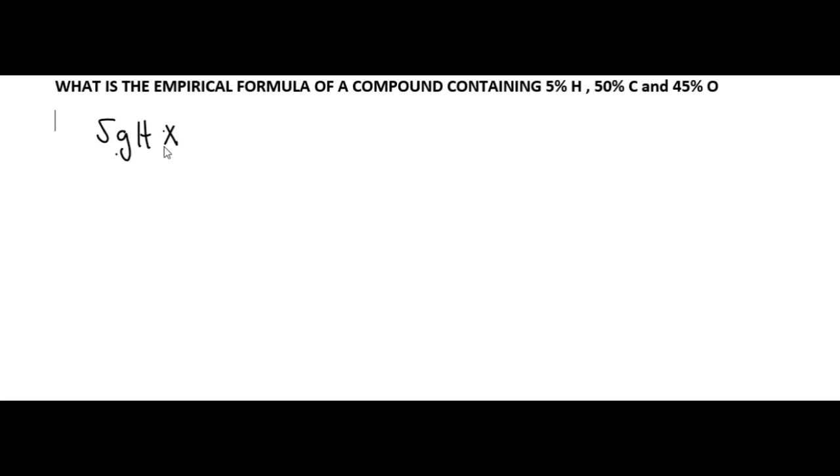So we need to divide this by, where do we need to divide this? By its atomic mass. Very good. All right. So what's the atomic mass of hydrogen? It's 1. So 1 gram. 5 moles of hydrogen.